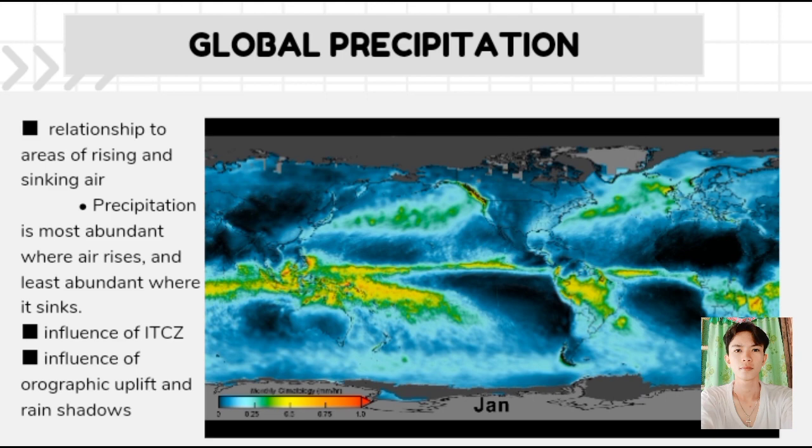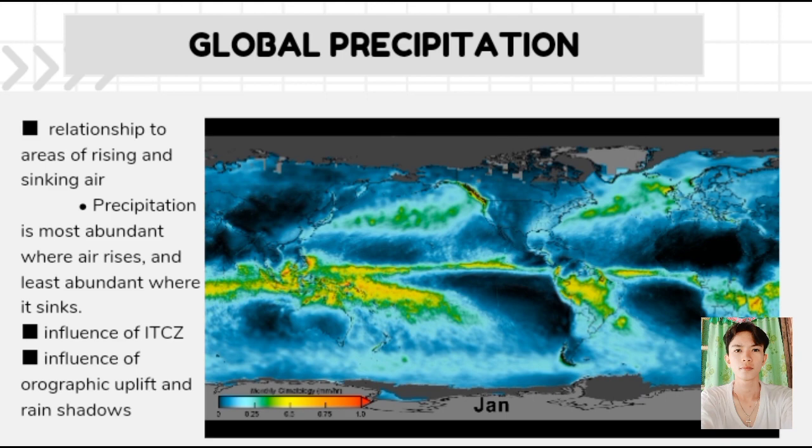So it also has a relationship to the areas of rising and sinking air. In this picture, if we can see, it is a presentation of the heavy rains that we experience every year.